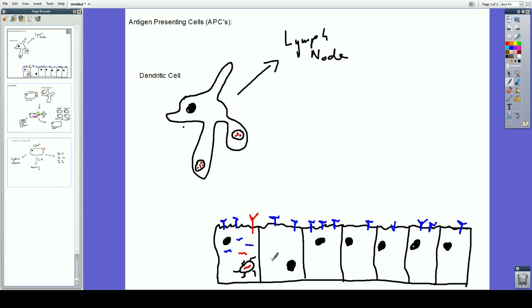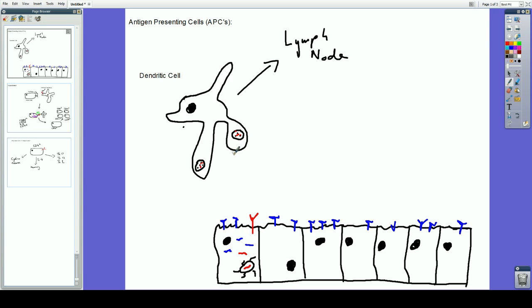But in this case, the cell is producing cell components for this bacterial cell, and the dendritic cell comes along and sees that this MHC, this one in red, is being produced. Through a toll-like receptor, it sees that this shouldn't be being made by this cell. This is foreign. So it recognizes this antigen as foreign.